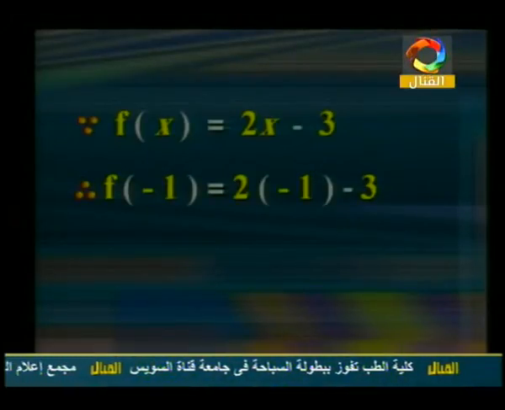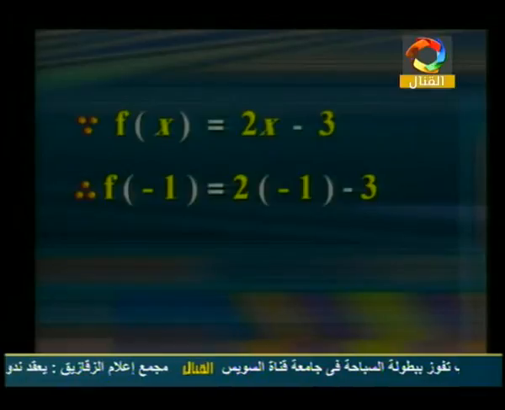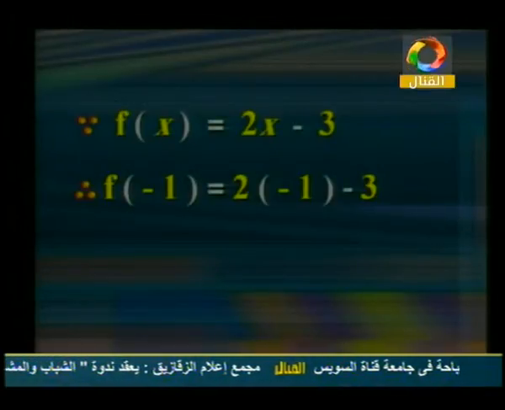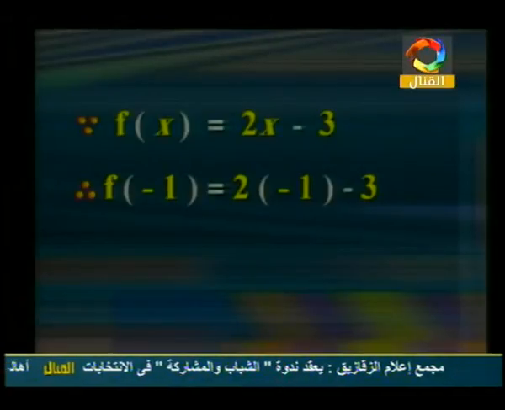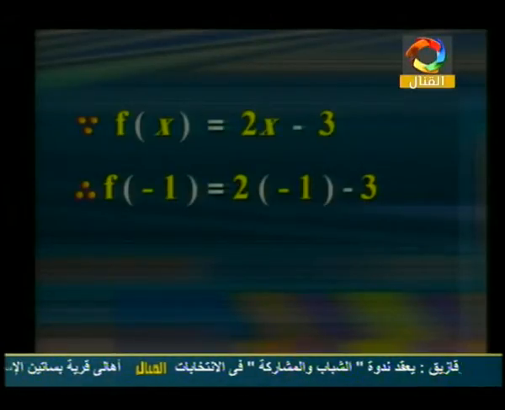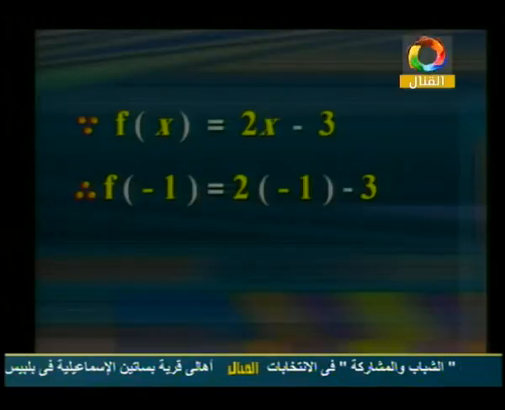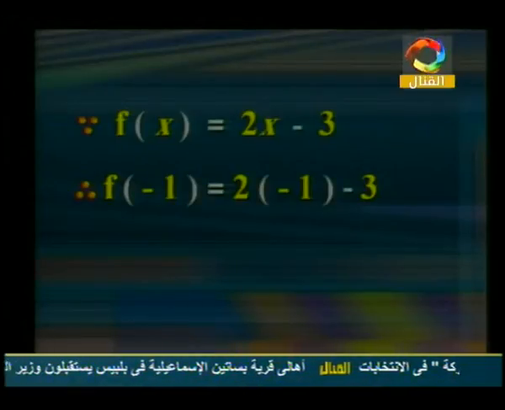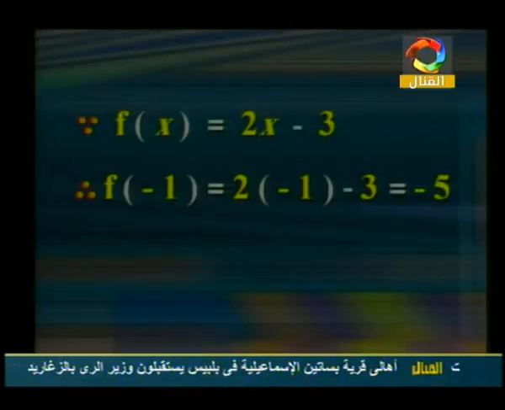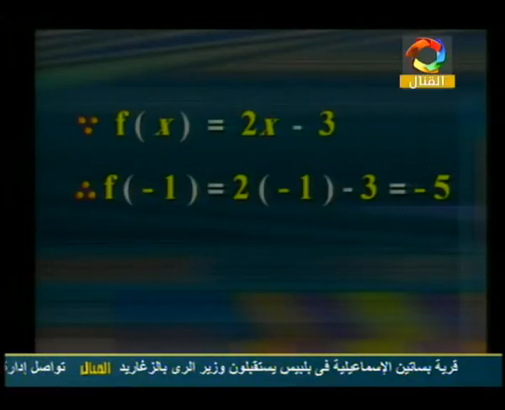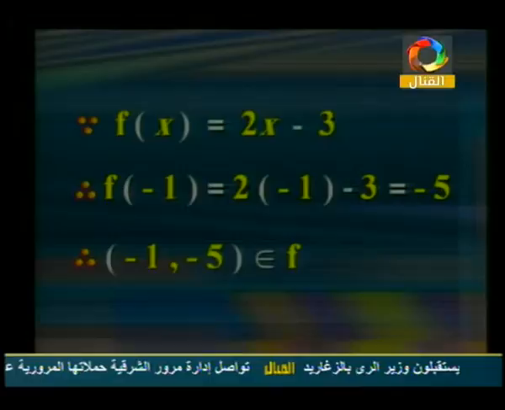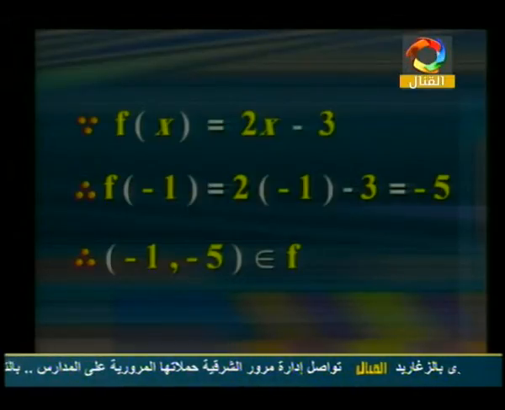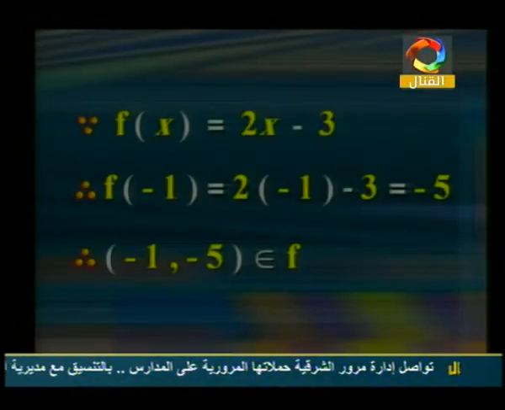Substituting, replace any x by negative 1. I do substituting for x, I remove every x and put in its place what? Excellent. Replace by negative 1. Then 2 times negative 1 minus 3 equals negative 5. Then (negative 1, negative 5) belongs to f.